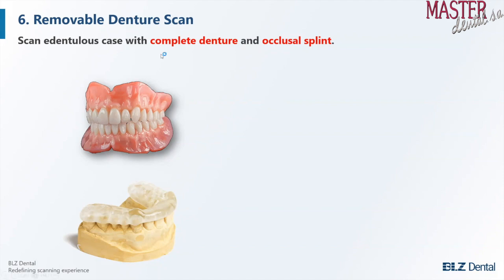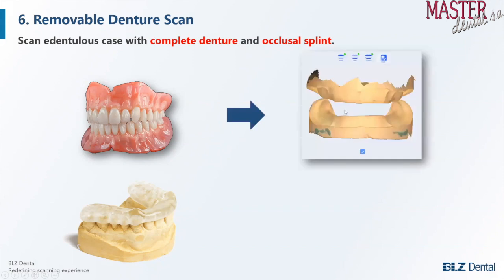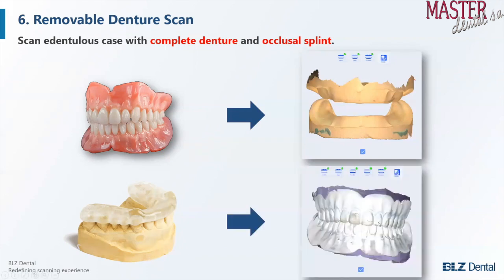The first type is the complete denture scan, and the second type is the occlusal splint scan. For the complete denture scan, this is the model we get after scanning. And for the occlusal splint scan, the model after scan is like this.